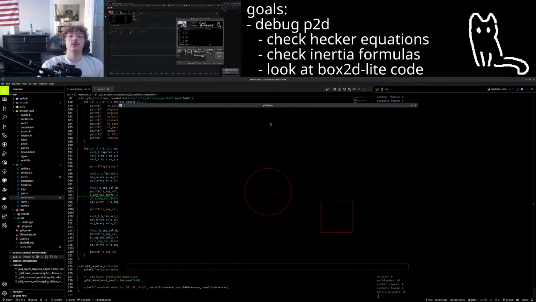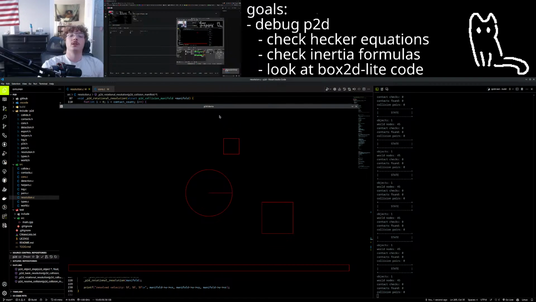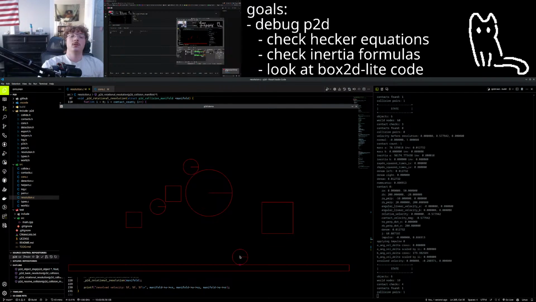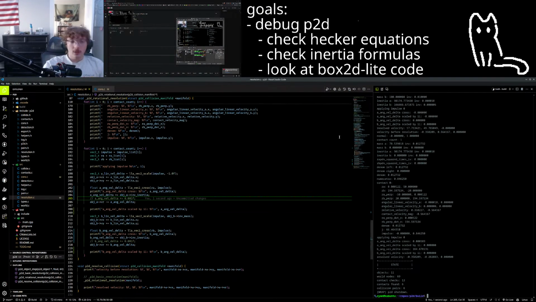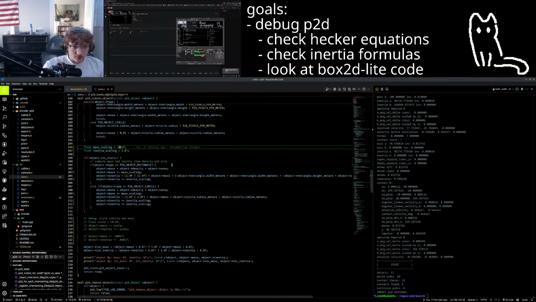So, let's think. The impulse is really small. But the inverse inertia seems to work good for... No, that's actually still really wrong. Yeah, so maybe the value needs tuned more?